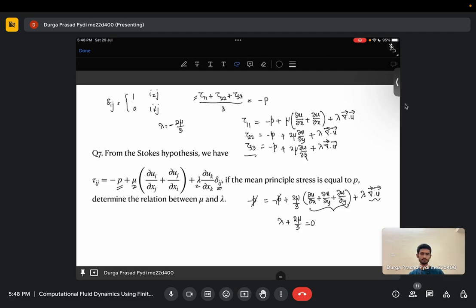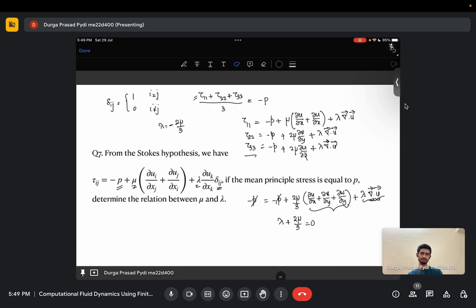It doesn't matter if it's compressible or incompressible. For incompressible flow, this term, del u del x, itself goes to 0, so essentially you don't have a lambda term. So it will anyway be satisfied.